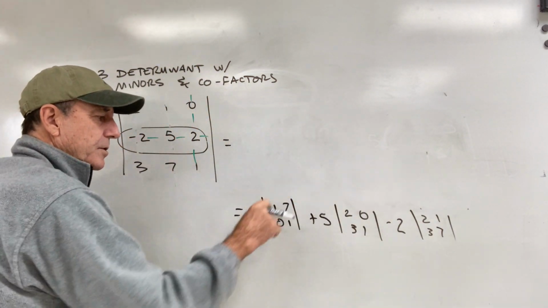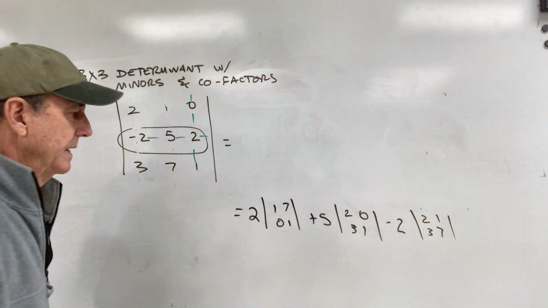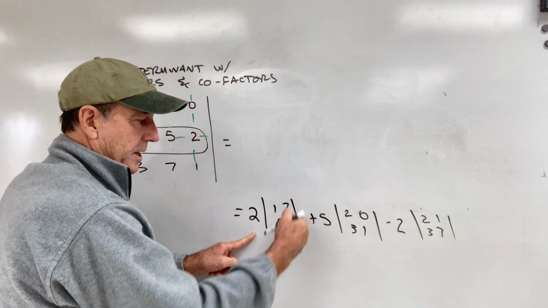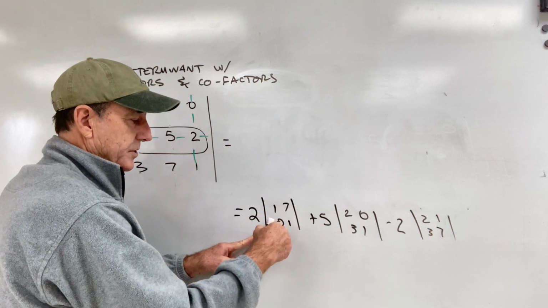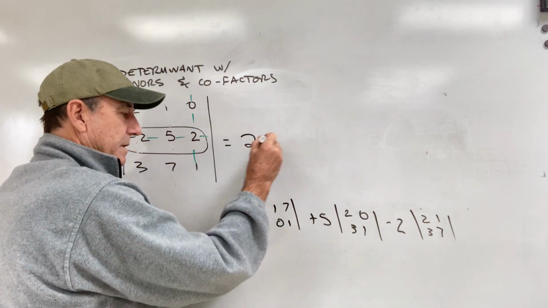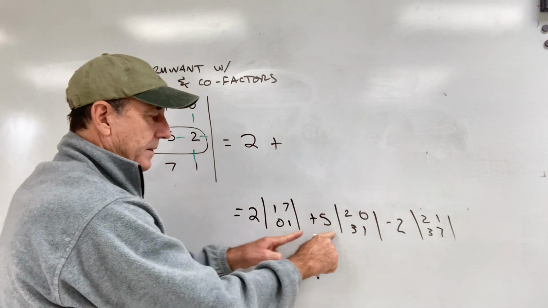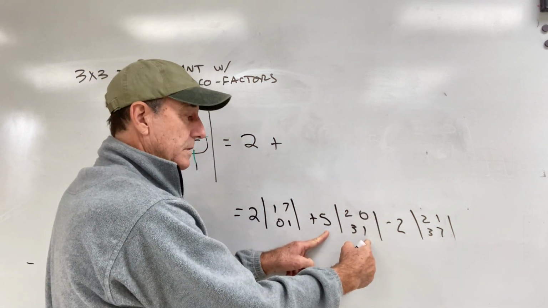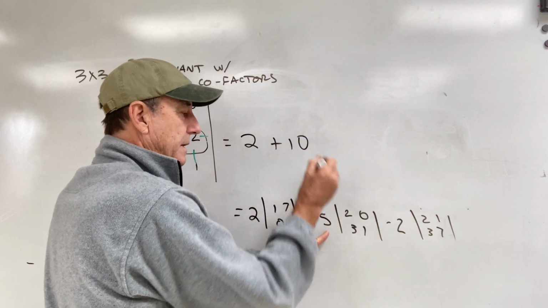And again, each of these 2x2s is trivial, right? Remember how to do a 2x2: we multiply, we subtract. So 1 minus 0 is 1, so that's 2 times 1. This is 2 minus 0, which is 2, so 5 times 2 is 10.